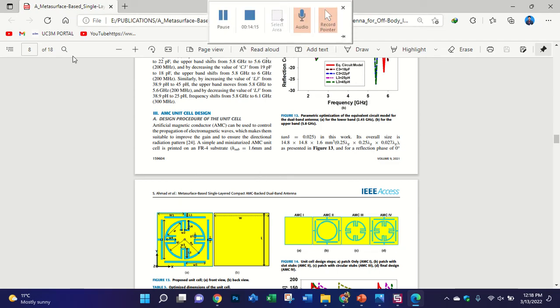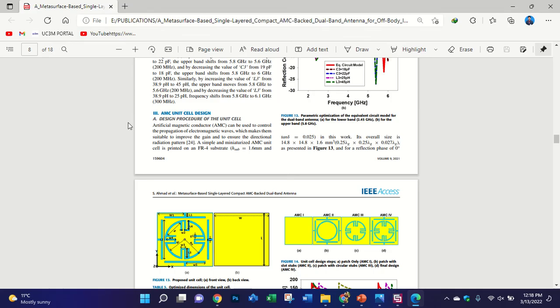In the case of the electronic band gap and FSS they do, but my work is mostly on the AMC plane. This is the AMC-backed antenna. And for MTM, the definition of metamaterial says the mu and the epsilon, permeability and permittivity, must be negative.